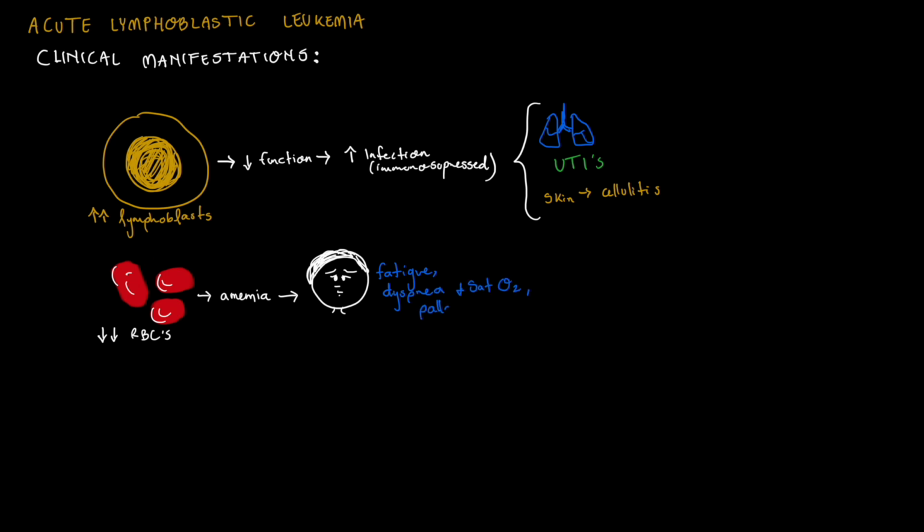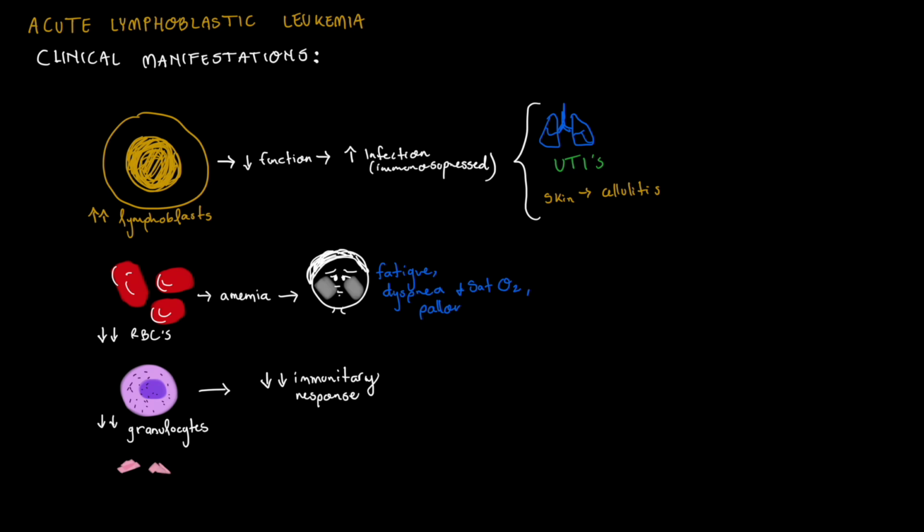It's like it steals the energy from all the other groups of cells. This is seen clinically as anemia and fatigue, dyspnea, decreased oxygen saturation, and pallor. Pallor is an important sign in the child with acute lymphoblastic leukemia.